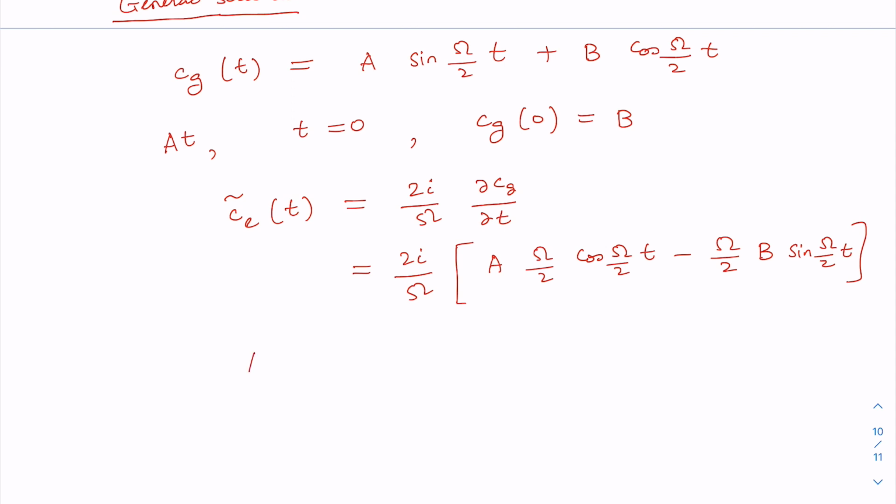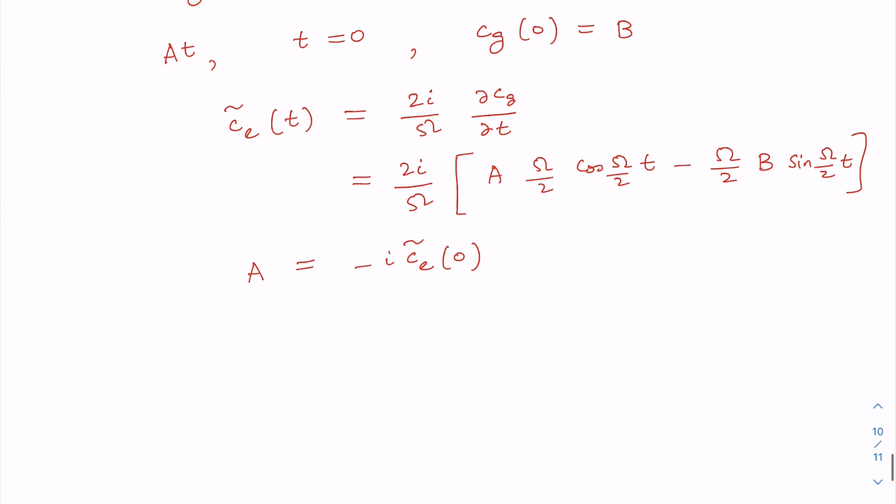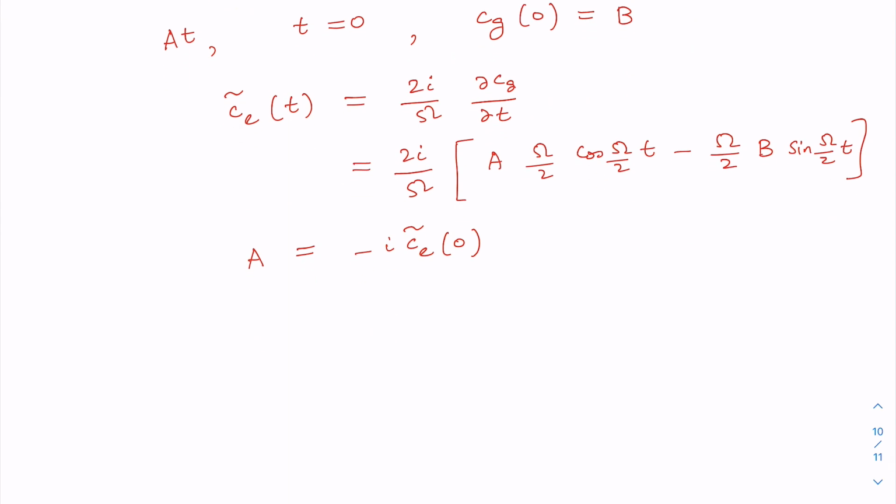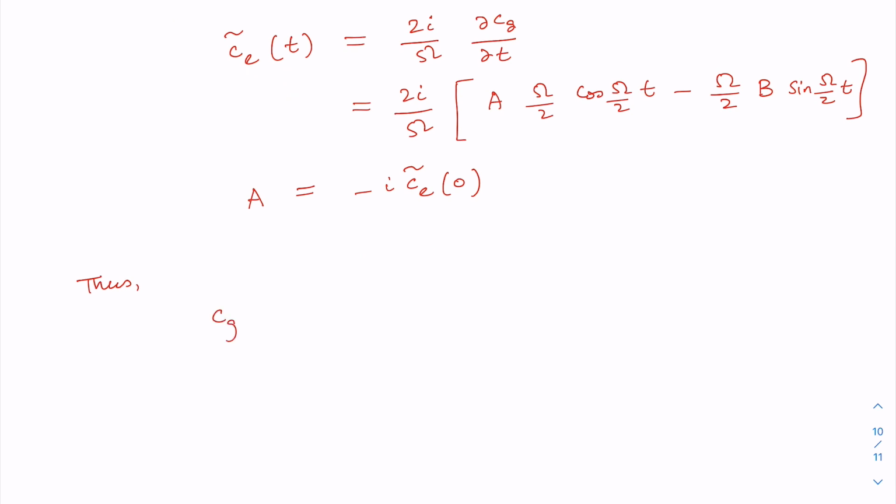So immediately you will find that this constant A would be equal to minus i C̃e at time t equal to 0.